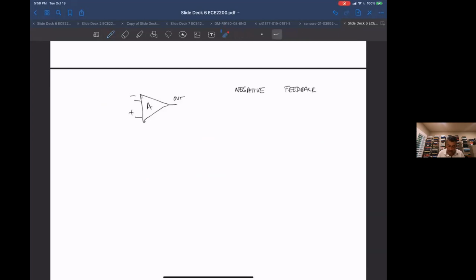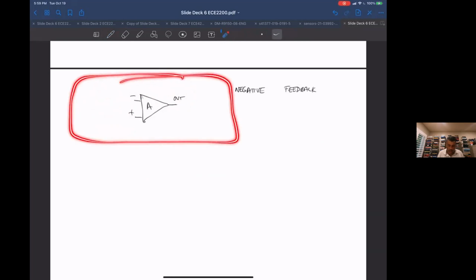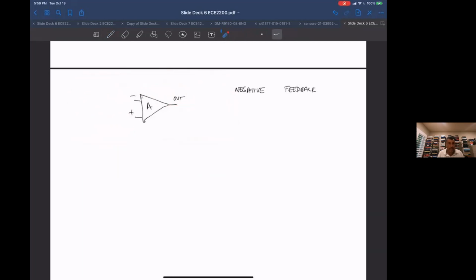It means that by taking the output and putting it somehow back into the input, in a way that this overall circuit, whatever I'm going to draw, is going to affect the input in a negative feedback way. It means it's going to dampen the changes on the input.